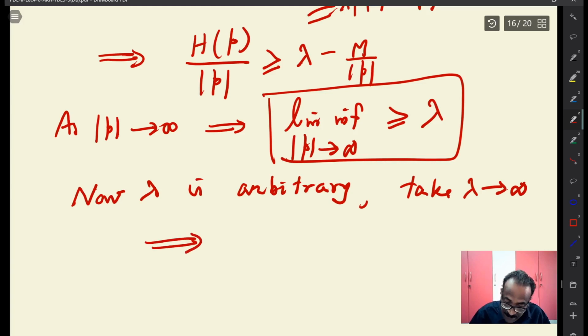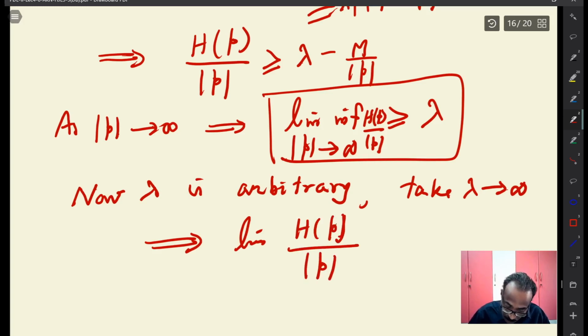That implies H(P) by mod P has a limit, and the limit exists as an infinite quantity as mod P tends to infinity. The limit infimum goes to infinity, so it is coercive.